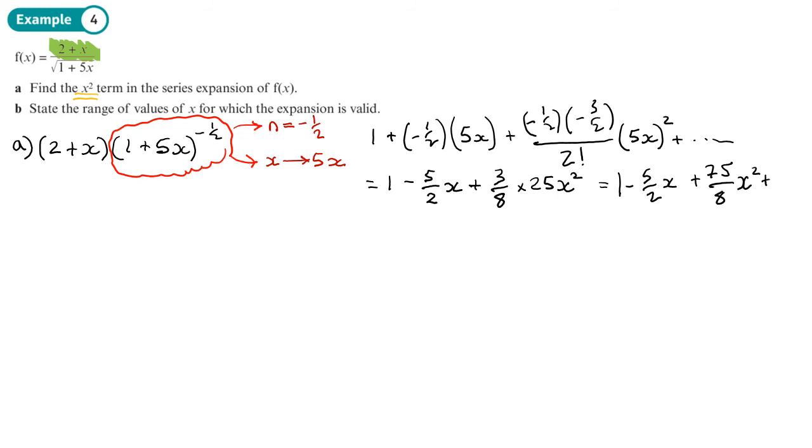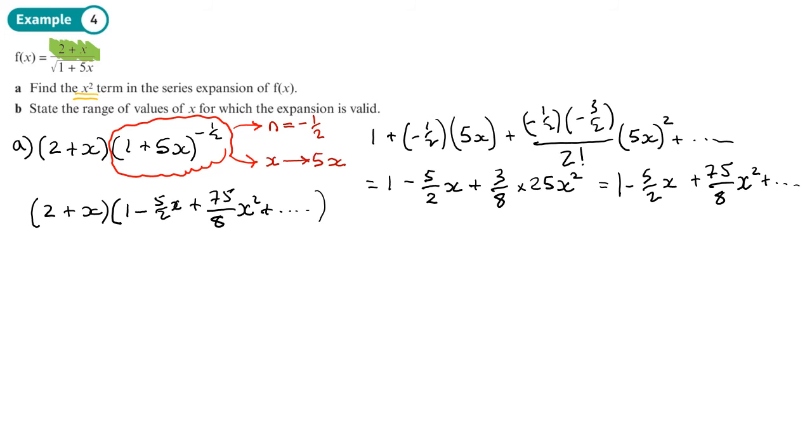So this is the only bit that we're interested in, because don't forget we need to multiply that by 2 plus x. So we've got 2 plus x in that bracket, and we've got 1 minus 5 over 2x plus 75 over 8x squared. We're only interested in getting the x squared term.